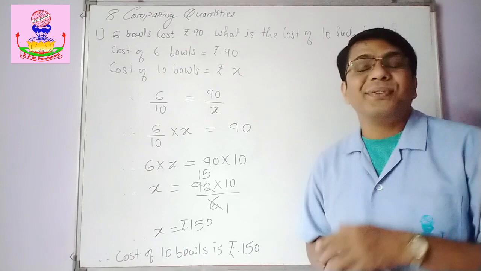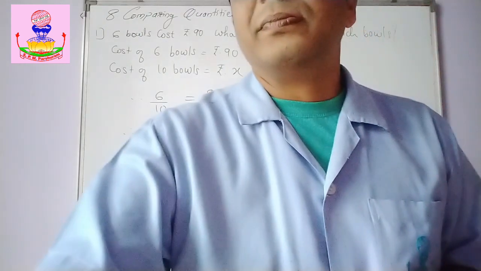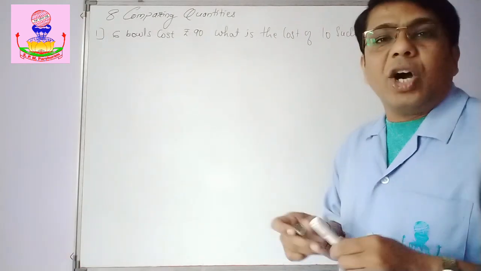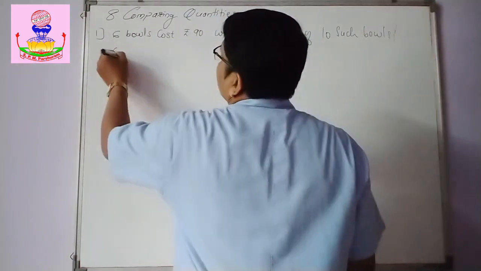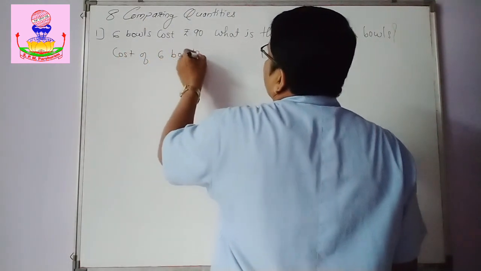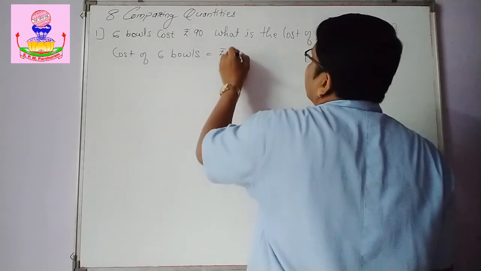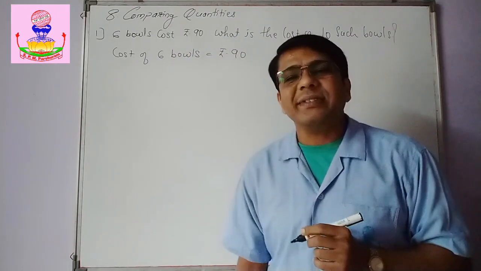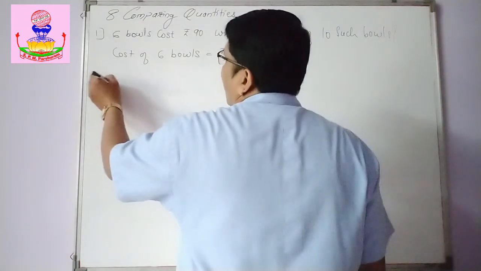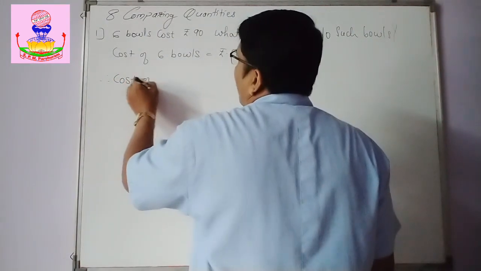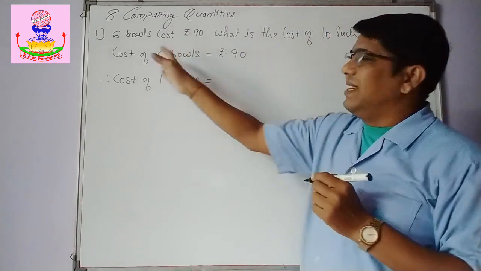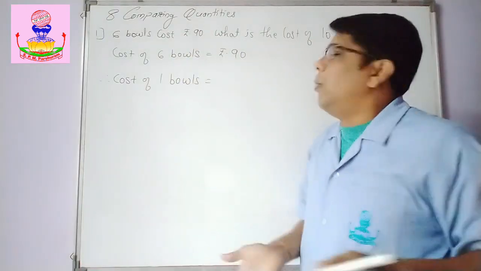Now let us see the unitary method. The cost of 6 bowls is equal to rupees 90. The unitary method says find the value of 1 unit, so find the cost of 1 bowl. So what do you do? Divide 90 by 6, obviously.